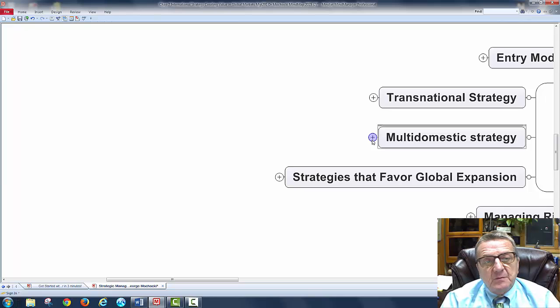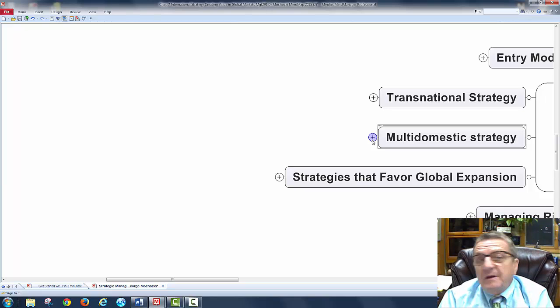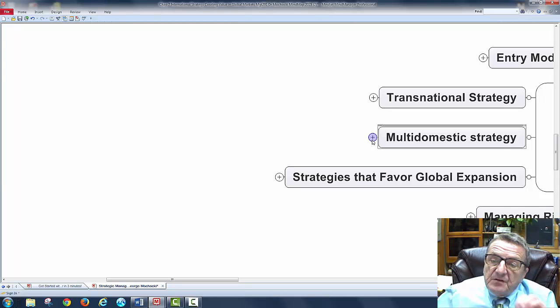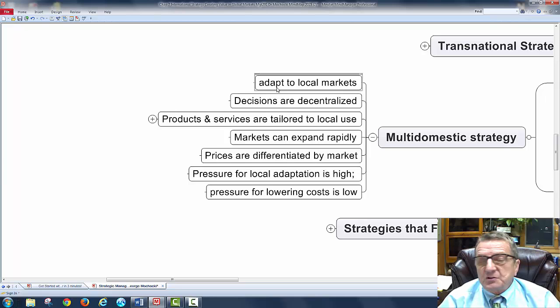I may have some of my staff from that market. I may have an alliance with that market, or they may approach me to have an alliance to sell my product there, whatever. But my market is very multi-domestic. So when I look at multi-domestic, I specifically adapt to the local market. I'm not looking at being one size for everyone, like Visa, the charge card.